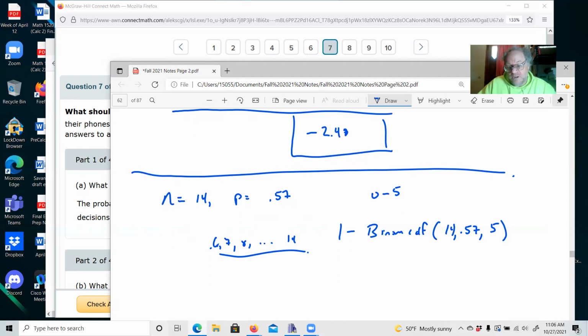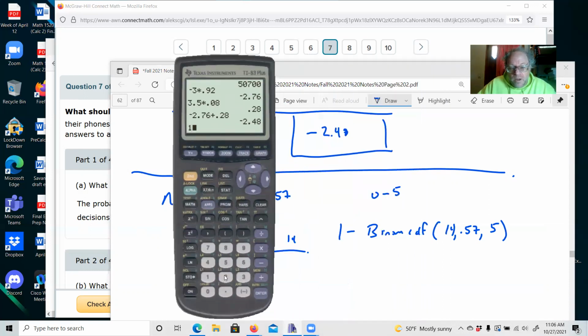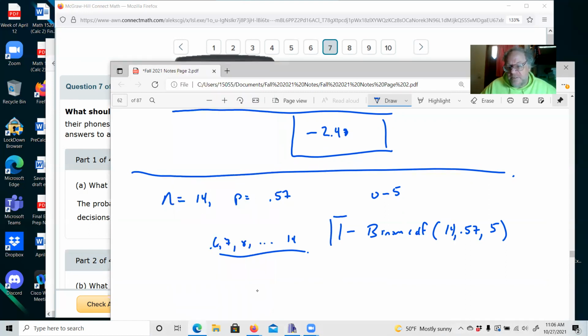Okay, so we're going to go to our calculator here, and we're going to say, okay, 1 minus, second function, distributions, okay, binomial CDF, this one. When you're doing a problem like this, this is what I want to see. I don't want you to just spit out a number at me. I want to see what you thought this was.